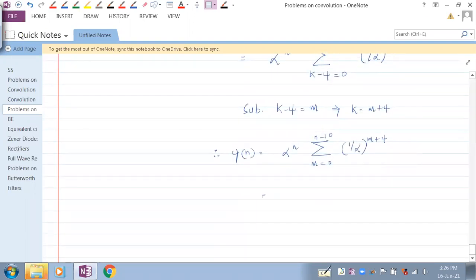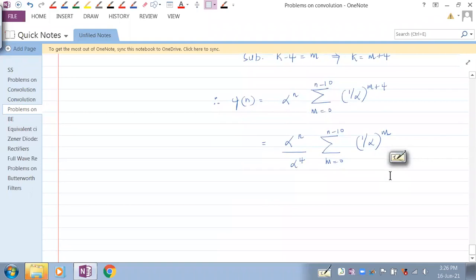Now this would look like alpha power n divided by alpha to the power 4, because this 1 by alpha to the power 4 is taken out. So m goes from 0 to n minus 10, 1 by alpha to the power m. Understand?